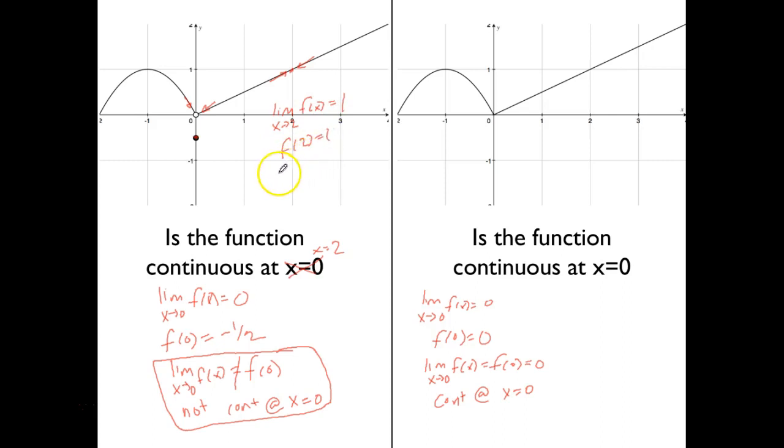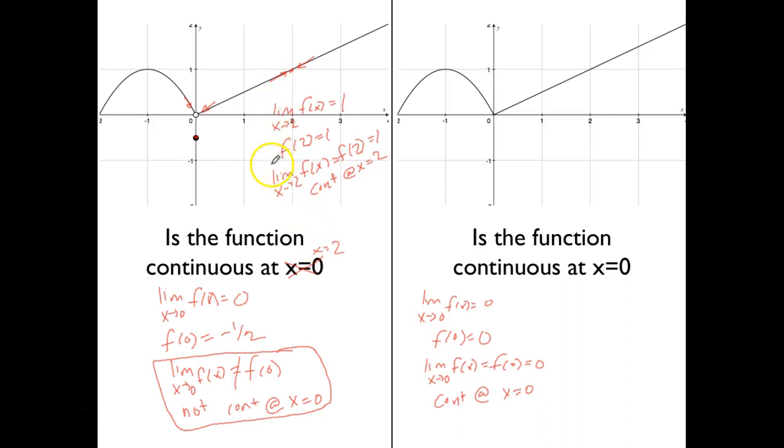And those are equal to each other. The limit as x approaches 2 of our function is equal to f of 2, and they're both equal to 1. So this is continuous at x equals 2. So notice this thing can be discontinuous at one point and continuous at another. That's not a problem. I might ask that on the homework. I might ask like some different points.